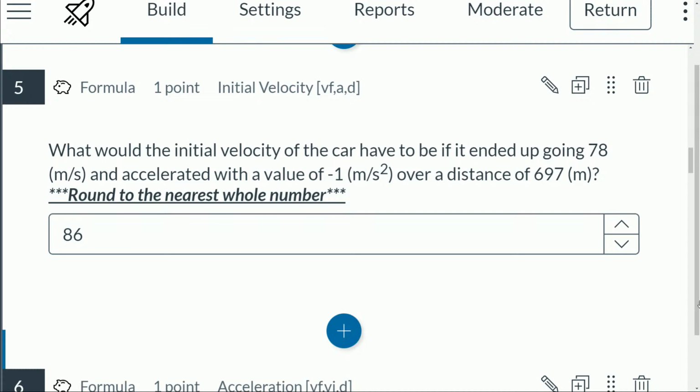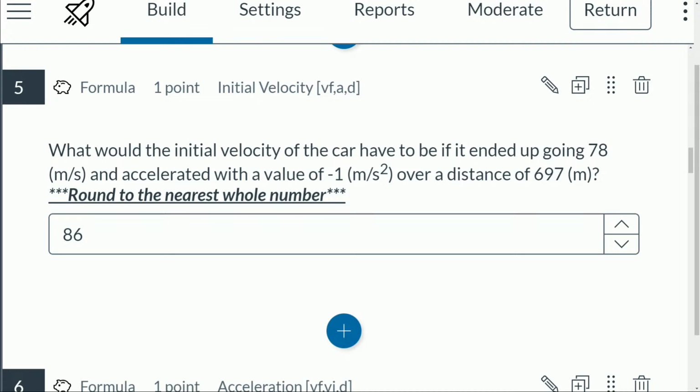All right. So, Destiny, on this problem, it's asking what would the initial velocity of a car have to be? So what are we asked to find? Destiny, still in here? So you can see my screen, right?